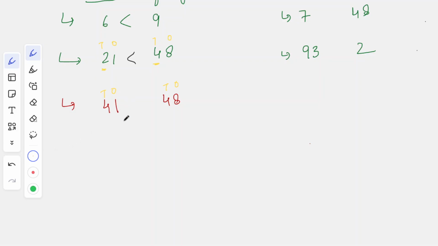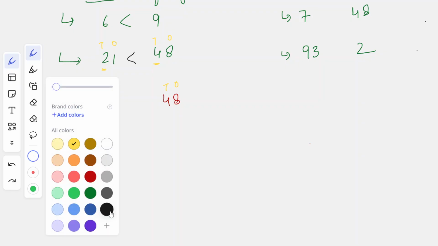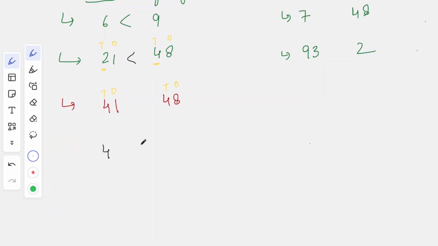So following the same process, we need to compare the digits which are at tens place here. But what do we see? We see 4. Both the numbers have the same digit at tens place. Then what do we do? Because 4 is the same, we can't decide which number is bigger, right? So no worries. What we do in such situations, we compare the next digit.